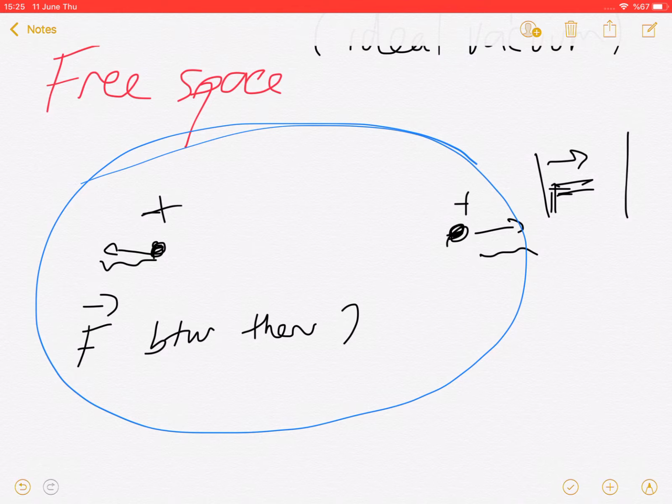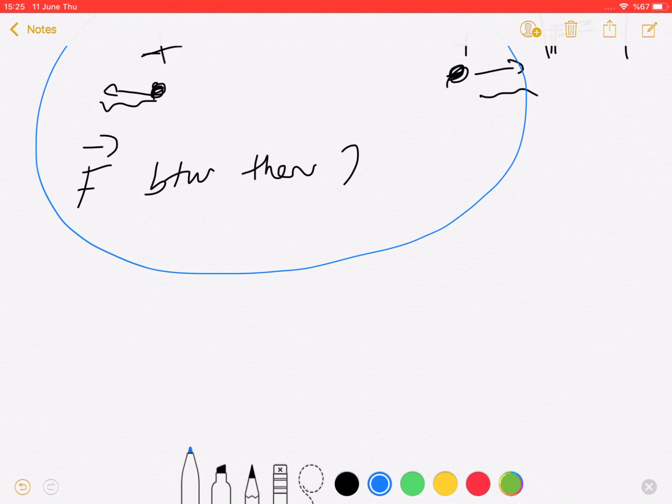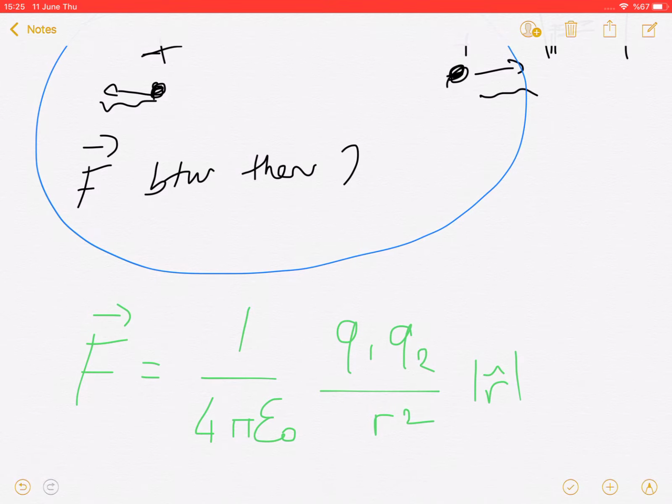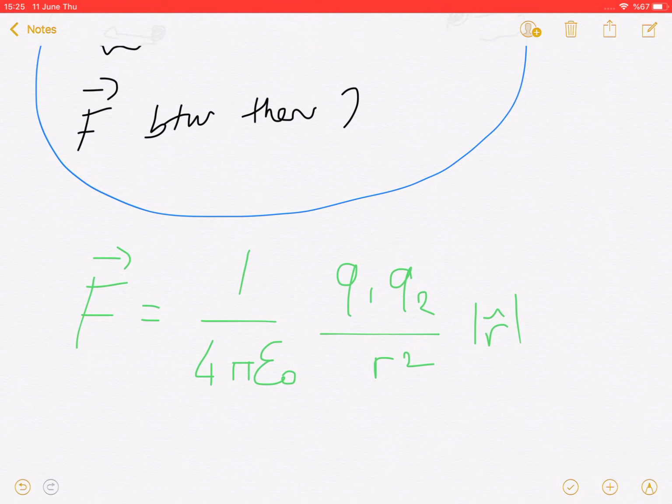But the real definition of free space we will talk about in the quantum mechanics topics, and maybe I will refer to it in the electromagnetic waves part 2. So as a result, what was the force? F equals 1 over 4 pi epsilon 0 times Q1 Q2 divided by r squared. Directionality: it is a vectorial quantity, it has a direction.